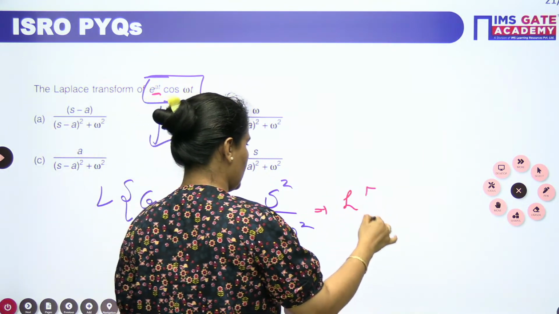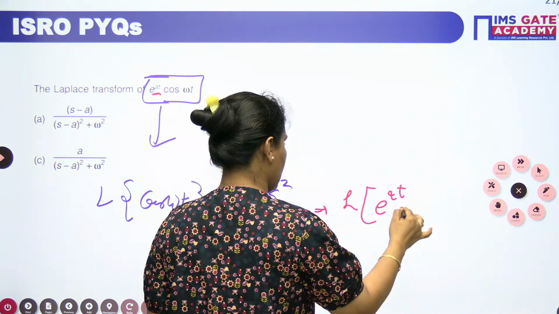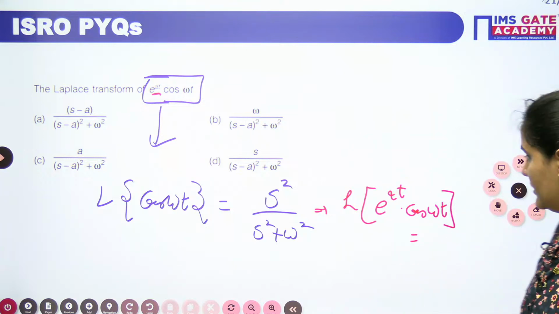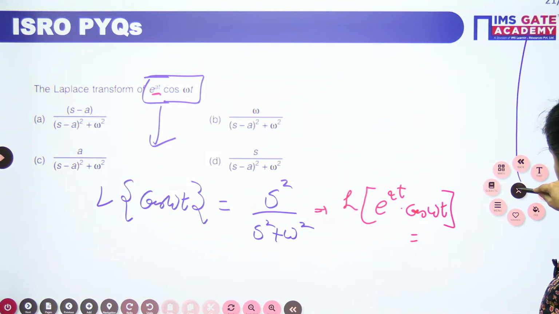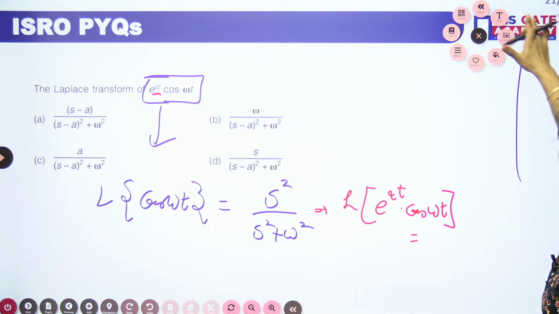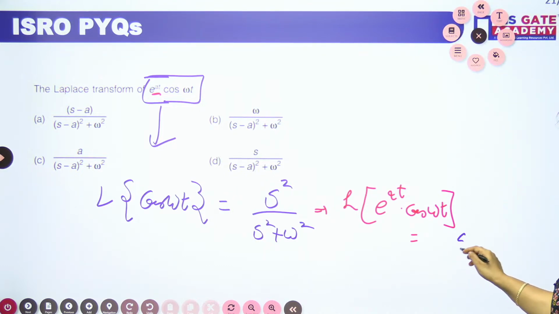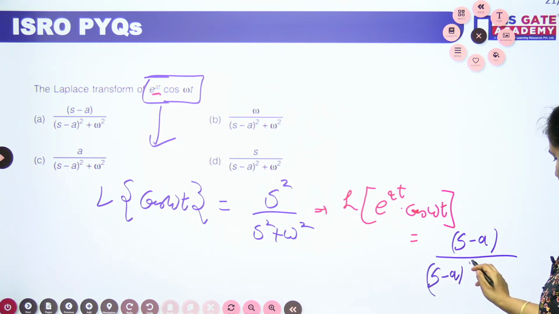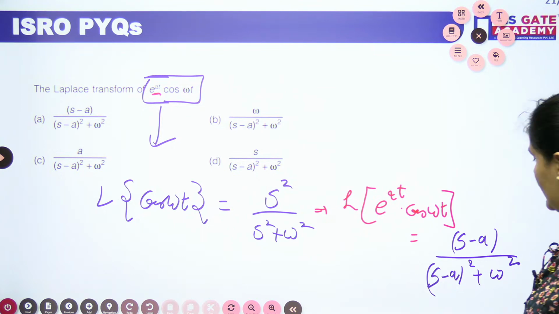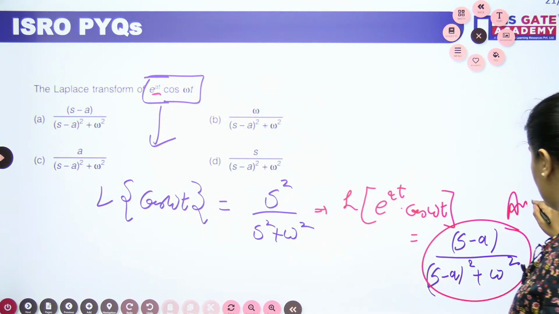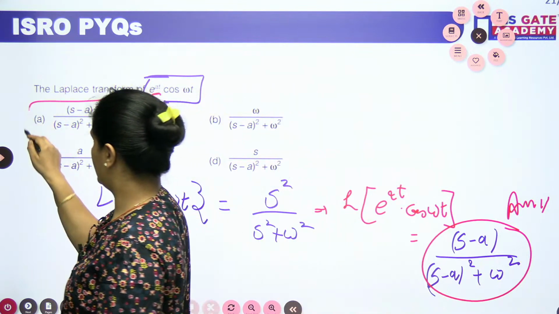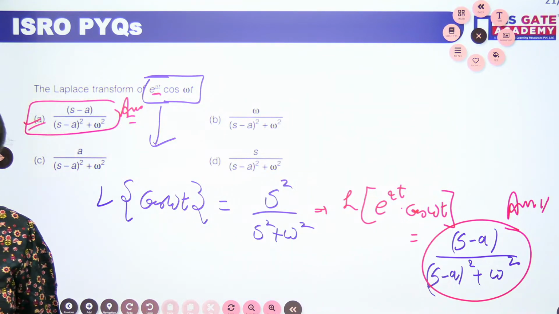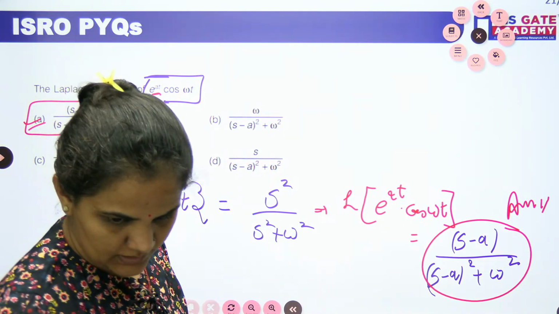So using the first shifting theorem, for e power at cos omega t, I can write down my result as s minus a over s minus a whole square plus omega square, which I can see in option A. So basically a simple question. The formula is nothing but the first shifting theorem, which we can use very easily here.